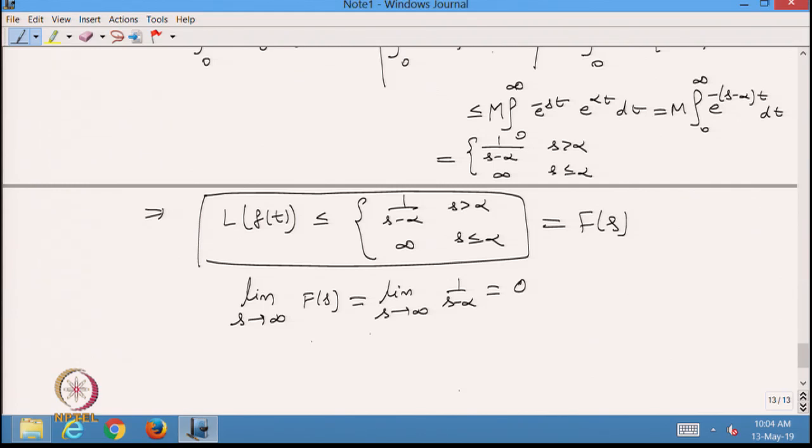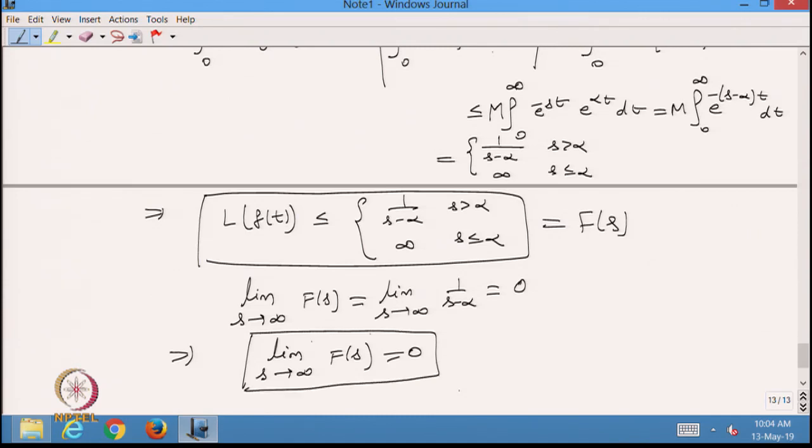From here I can write down another property of the Laplace transformation: if I take the limit as s tends to infinity of F(s), that value is always equal to 0.